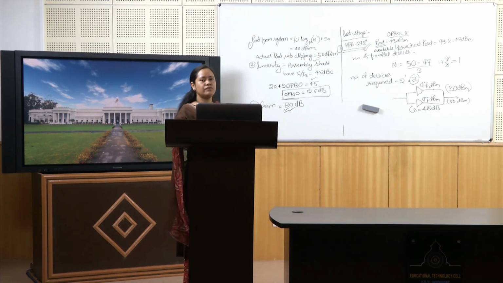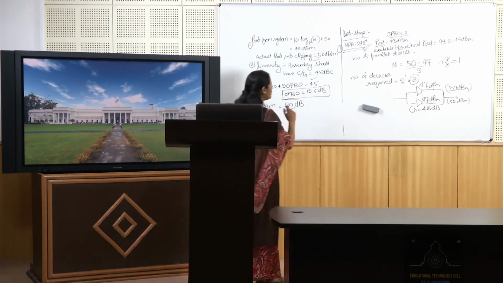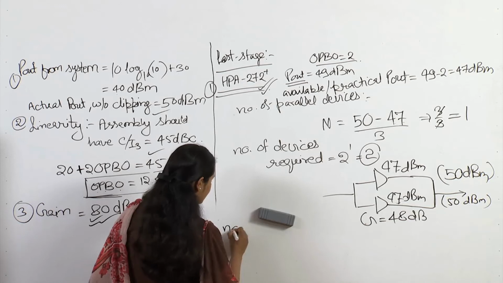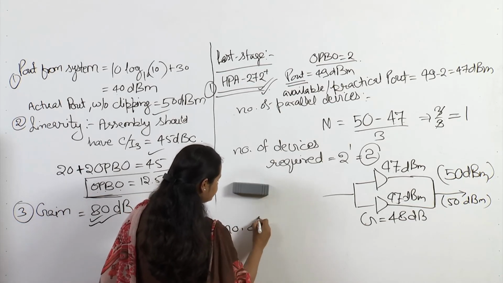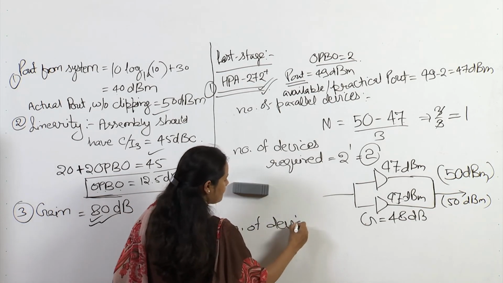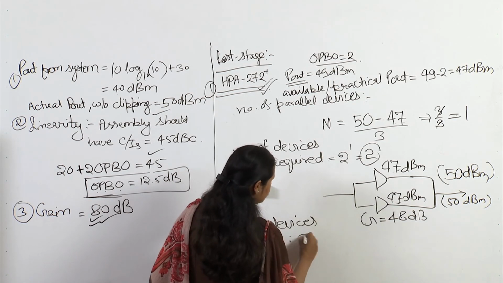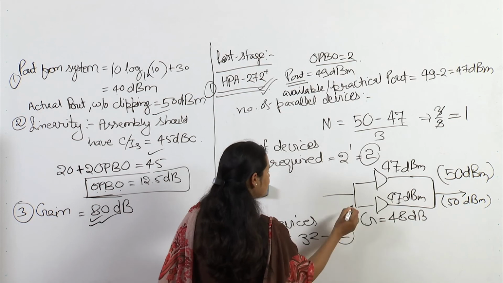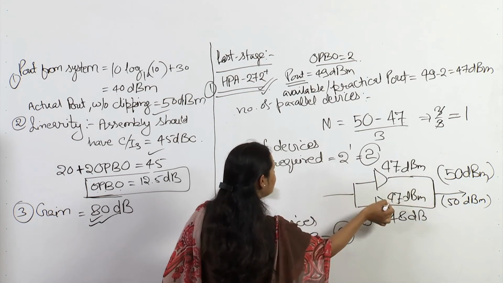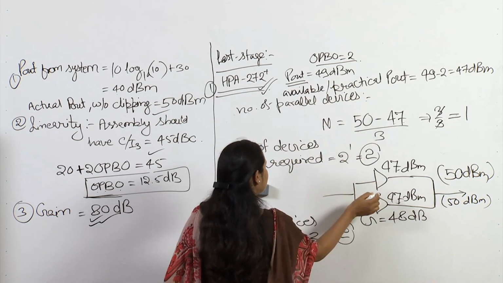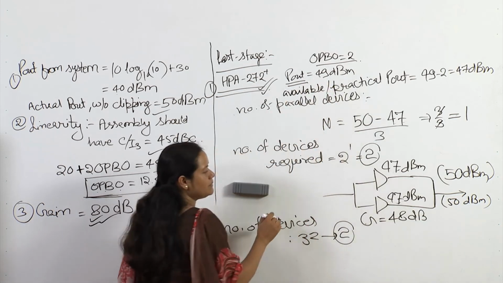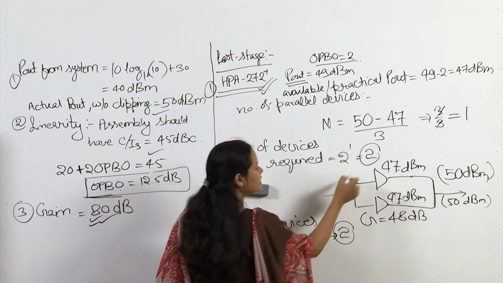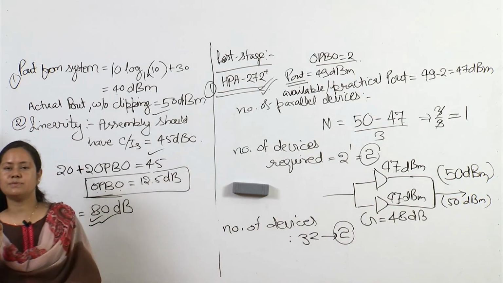So, what is the usefulness of such a technique? We have seen if we are able to have the output power at P1 dB without compression, then we can reduce our number of devices from 32 to 2 only, and within this 2 also, if we do our calculation properly, we can drive our power amplifier at a little bit of back off of 2 dB, and we can maintain all the conditions. So, what is the motivation here?